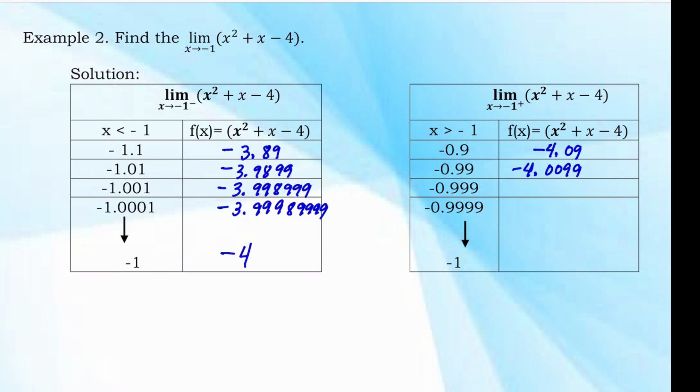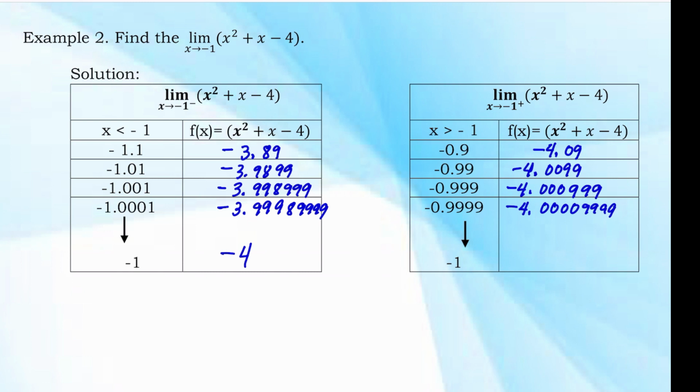Next, negative 0.999 will become negative 4.000999. And if we use negative 0.9999, the function will become negative 4.00009999.